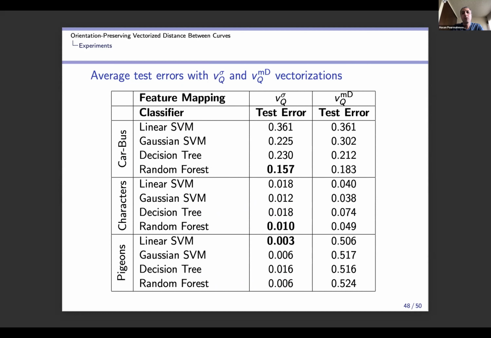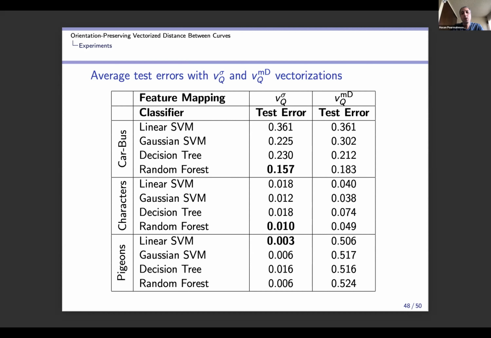For example, for the car bus dataset, we want to classify car trajectories from bus trajectories using our featurization and the previous min-dist featurization. And in the characters dataset, we're trying to classify two letters, for example A and B, from each other, which are drawn on a tablet. Both of these datasets are in the machine learning repository.